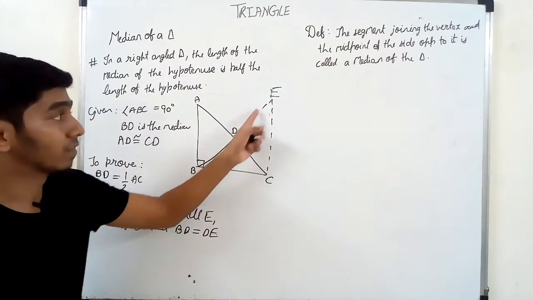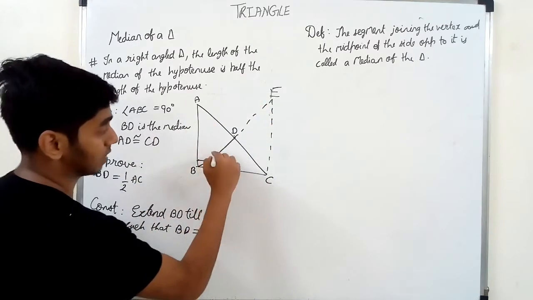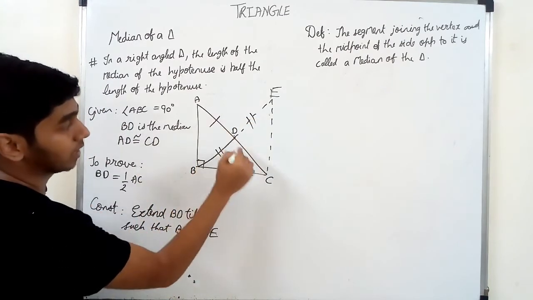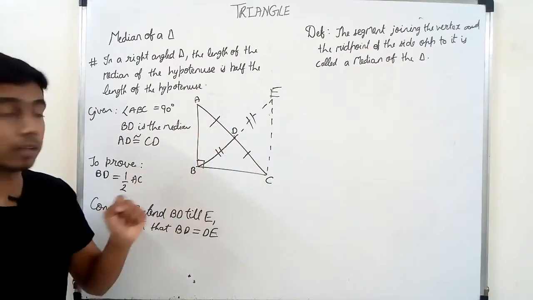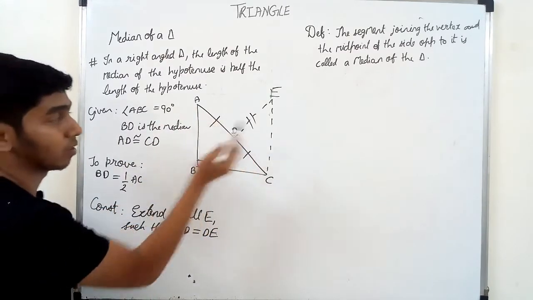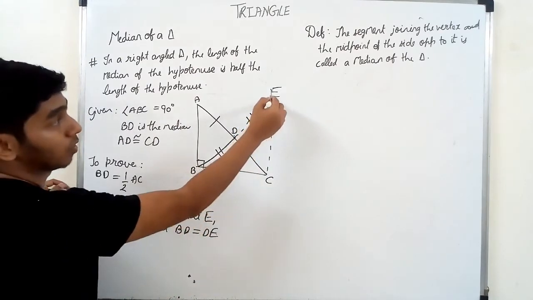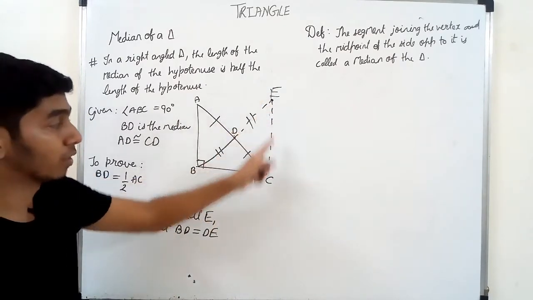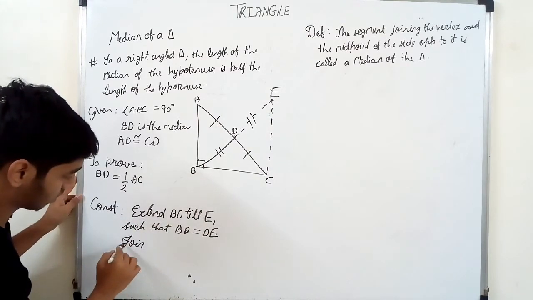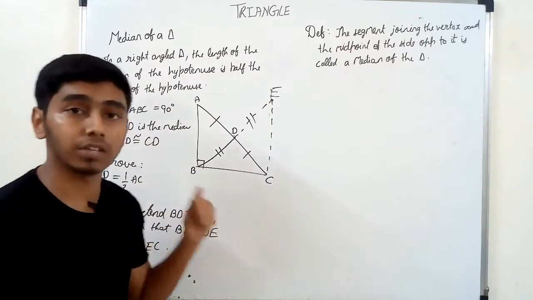We have constructed this in such a way that BD and DE are the same, so we'll just represent this. And this is already congruent because D is the midpoint of AC, yes or no? This is by construction, and after getting point E, join EC. Okay, so this is the construction.